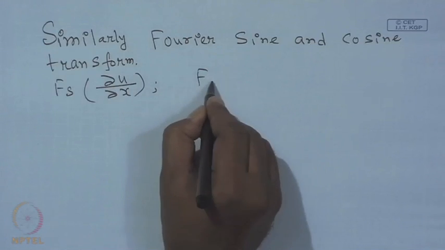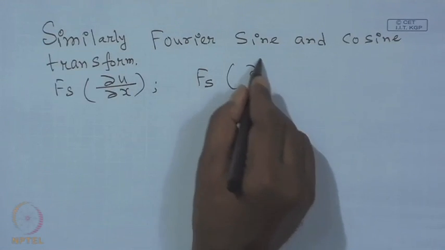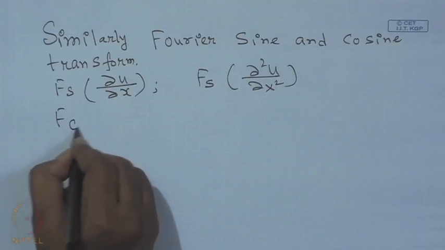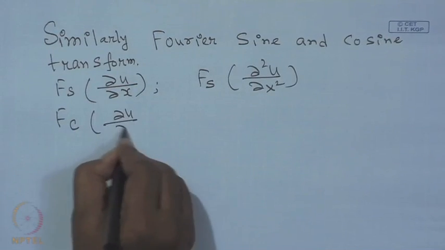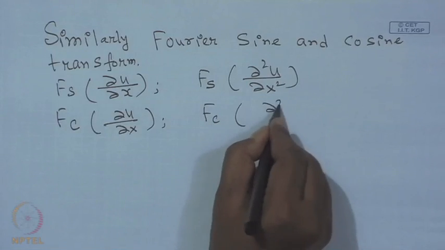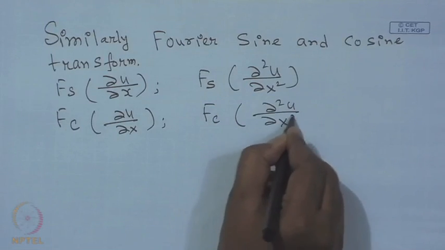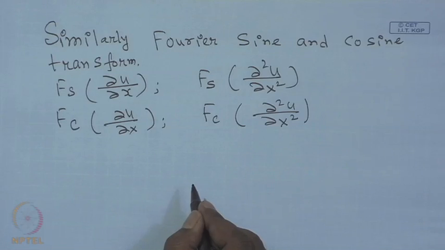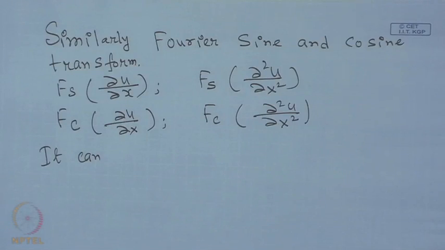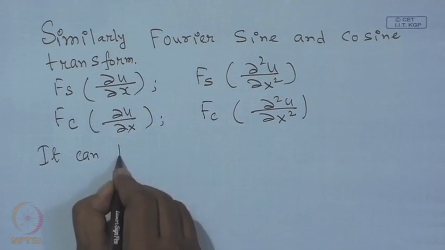We can find the Fourier sine transformation of del square u del x square. We can carry out the Fourier cosine transformation of del u del x, and the Fourier cosine transformation of del square u del x square. Okay. So, it can be shown exactly the same way we have done earlier.